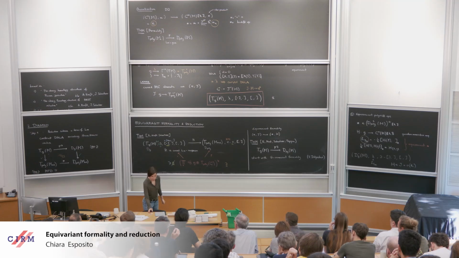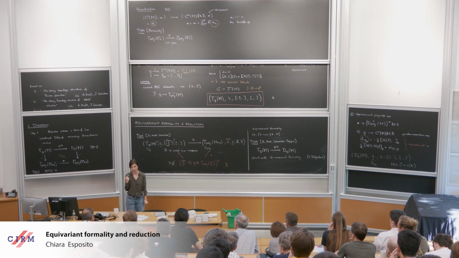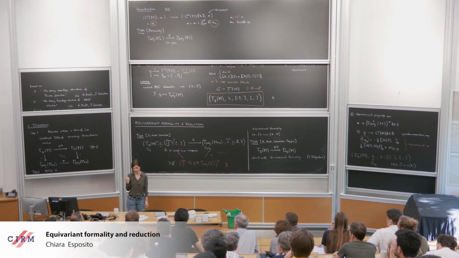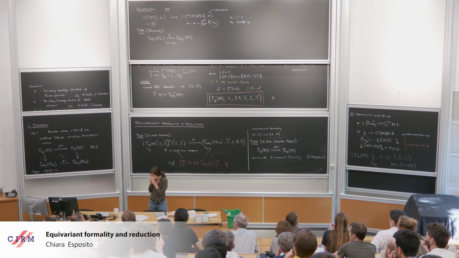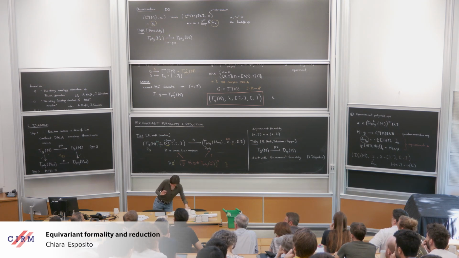Well, I mean, remember that we have in mind reduction as a motivation. So I have a proper action. So I don't need compact, but yeah, proper, yes. Sorry, so it's formality with respect to the original polyvector fields and polydifferential operators of R^n. This one, yes.